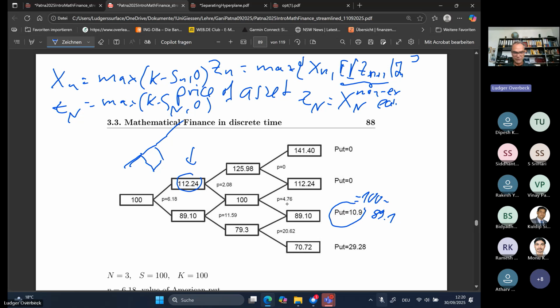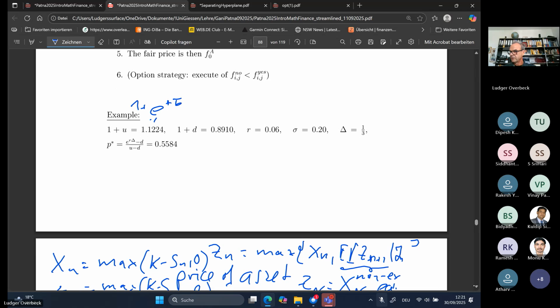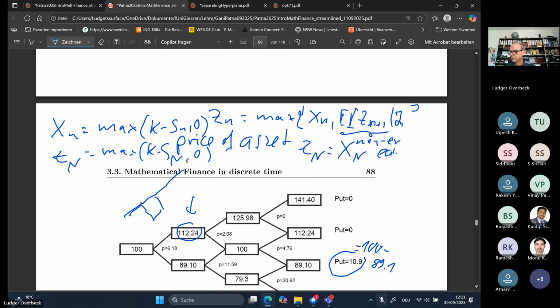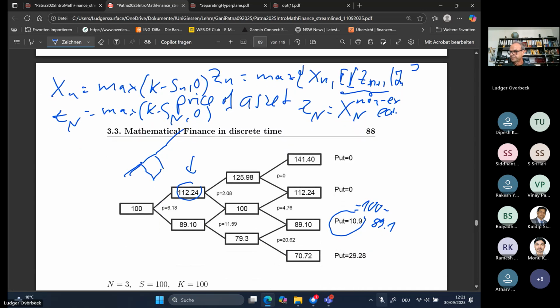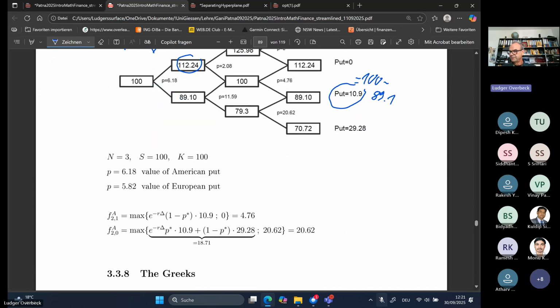This 4.26, you see it's calculated. Let me see whether you can see it. After 2 steps, how do you come here? Up. Time 2 is actually time 3. 1, 2, you went 1 up and down.